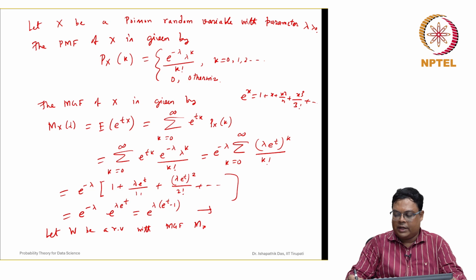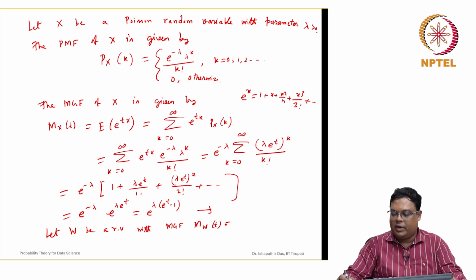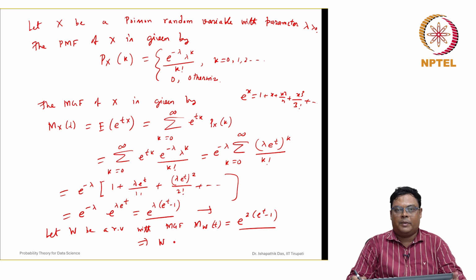We don't know what the distribution is, but we know the moment generating function. Suppose m_w(t) is e to the power of 2 times (e to the power of t minus 1). Then you compare with these things, it looks very similar, but lambda is just changed to 2. Hence by comparing here, which implies w is, because by the uniqueness theorem of the moment generating function, it cannot be different.